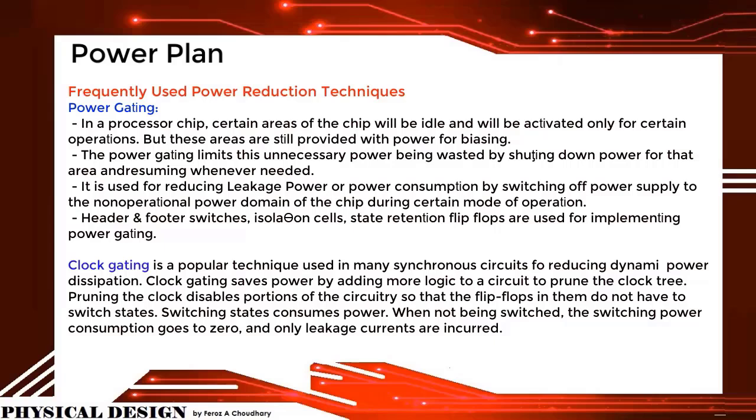Power gating limits the unnecessary power being wasted by shutting down power for that area and resuming whenever needed. It is used for reducing leakage power by switching off the power supply to the non-operational power domain of the chip during certain modes of operation. Header and footer switches, isolation cells, and state retention flip-flops are used for implementing power gating.